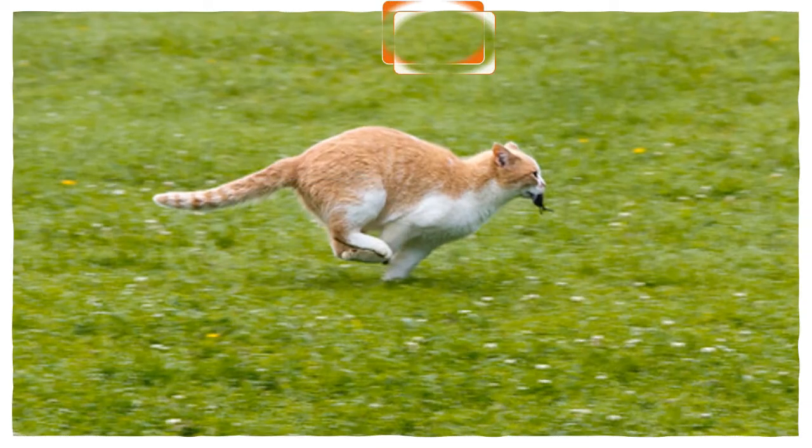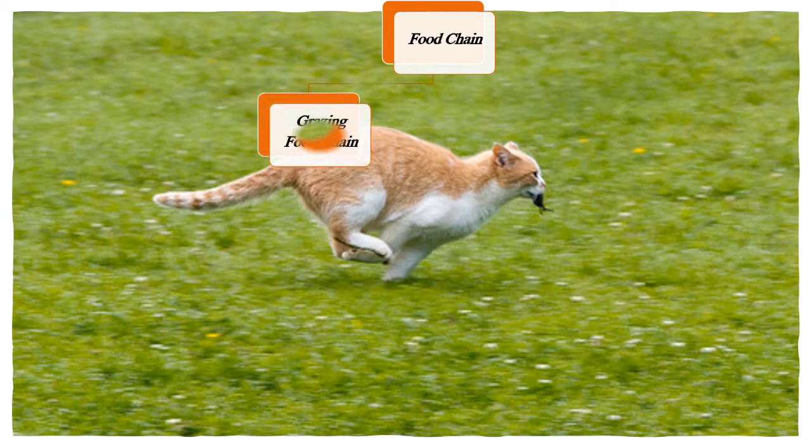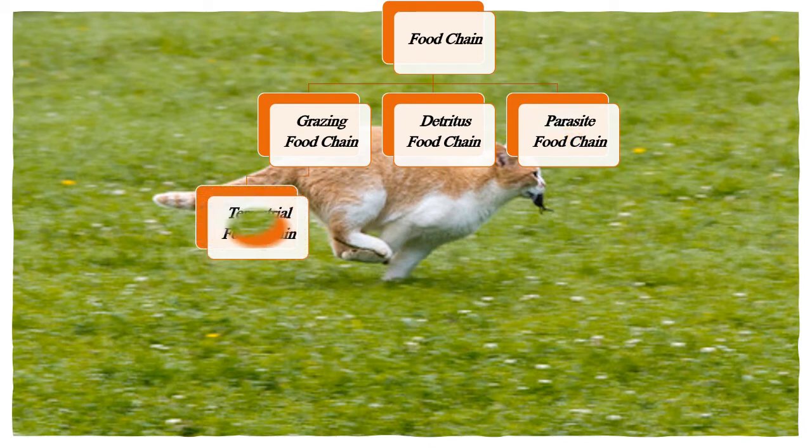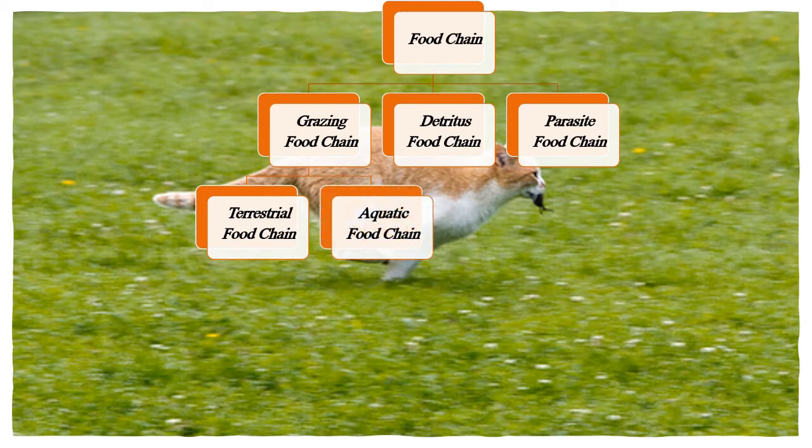The food chain is classified. There are three basic types of food chain found in a typical ecosystem. They are grazing food chain, detritus food chain, parasite food chain. Under grazing food chain, there are terrestrial food chain and aquatic food chain.